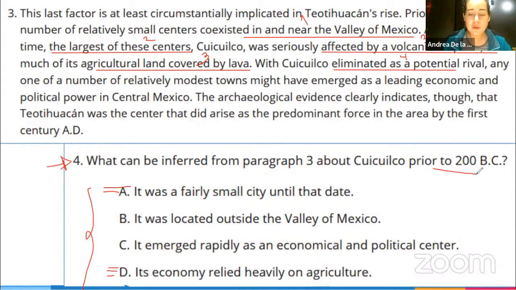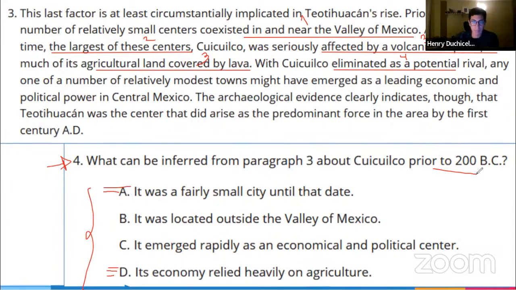So they were a fairly small city, and in 200 BC, they developed into a bigger city, right? That is what option A is saying. Do we have enough evidence to say this is true? What do you guys think? Was it a fairly small city before 200 BC, and then they stopped being a fairly small city? Do we know that? Do we have evidence to say that?